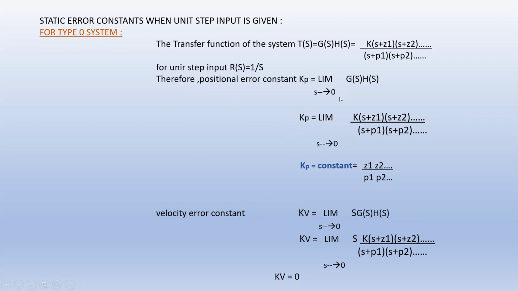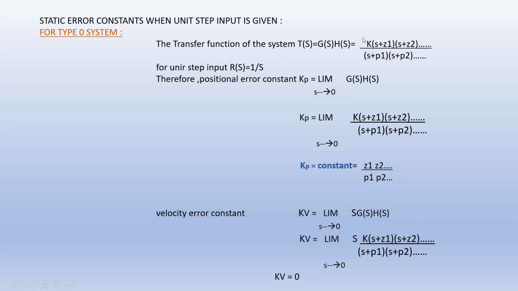So we have the transfer function, we have the type 0 system. So what does it mean? We already discussed that a type 0 system will have 0 poles at origin. So we must not have any pole at the origin, at s equal to 0.